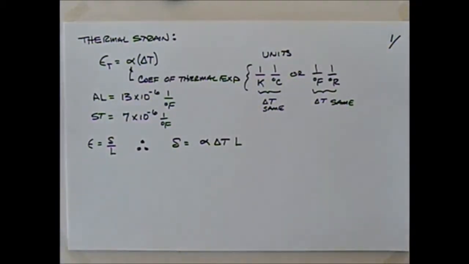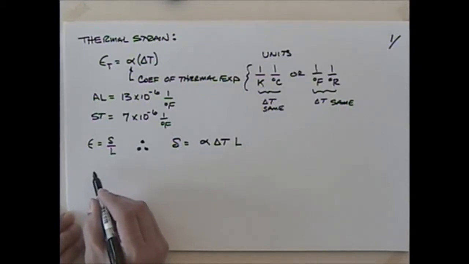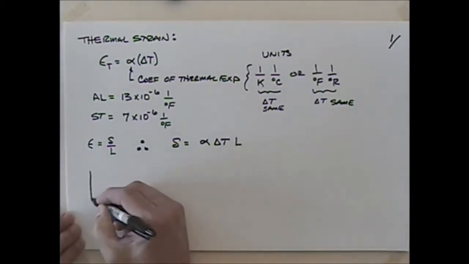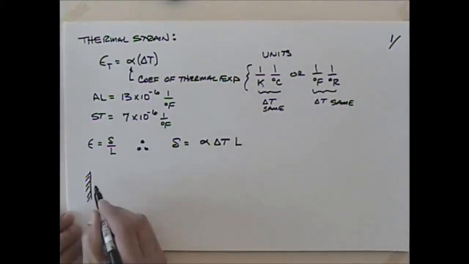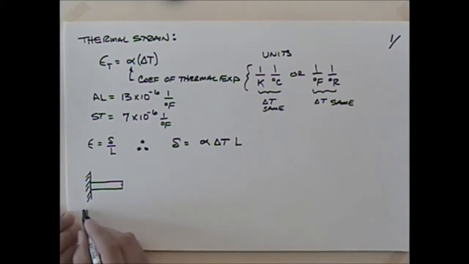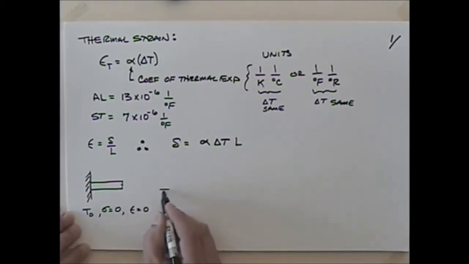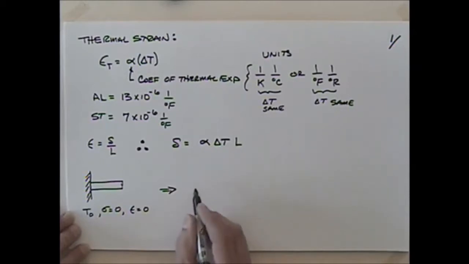Well, let's look at some cases, or some possibilities. Let's say that we have something that's unrestrained. So we'll just take a cantilever beam sticking out, and we'll say that we have T naught, and the stress is equal to 0, and likewise the strain is equal to 0. And then I'm going to heat this thing up.